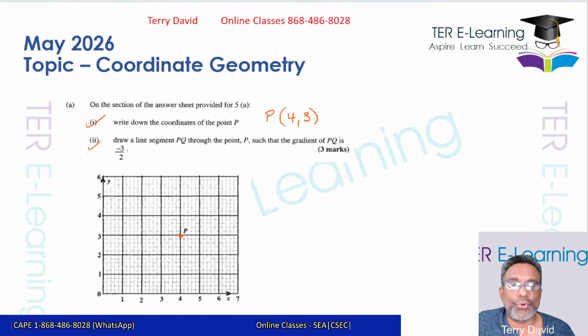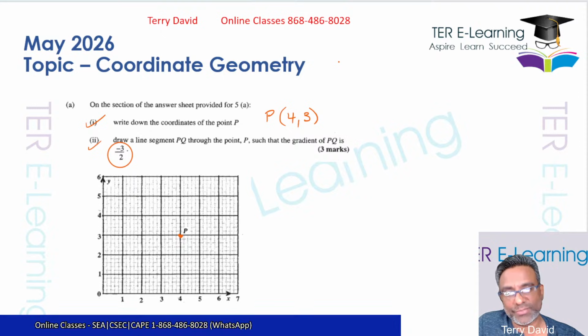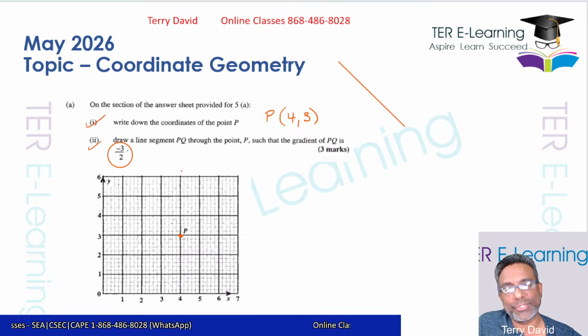Part 2. Draw a line segment PQ through the point P such that the gradient of PQ is -3/2. Okay? So you want to get a gradient of -3/2. Now first things first, this straight line PQ has a gradient of -3/2, which means the line has to be sloping this way.